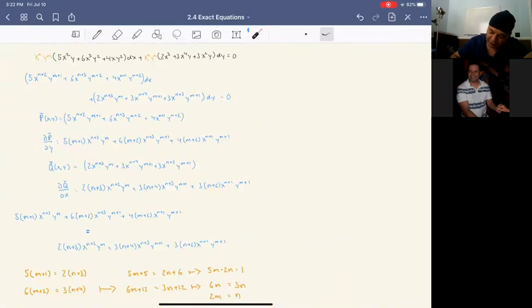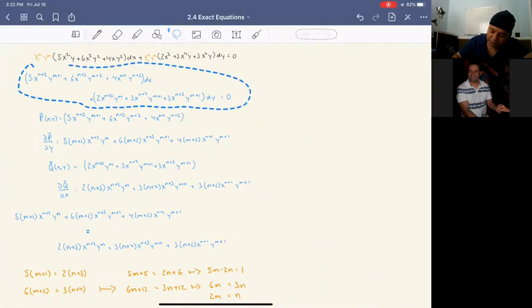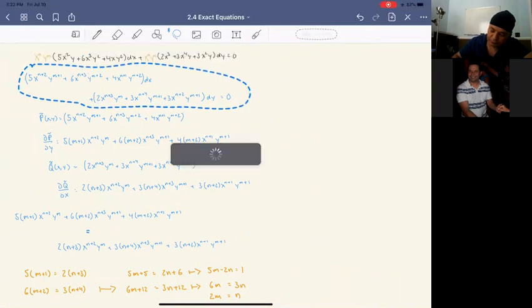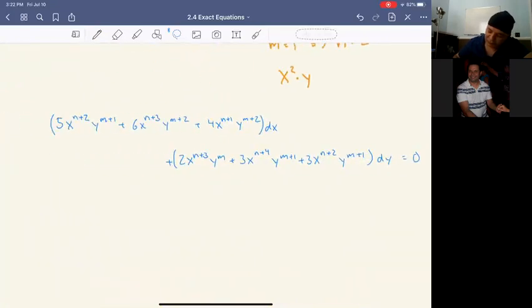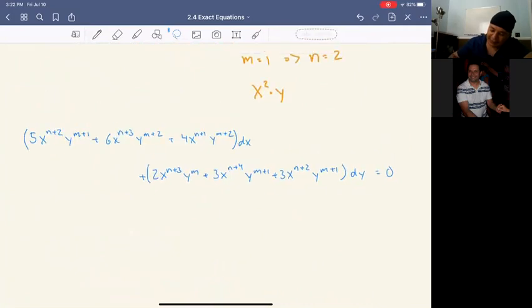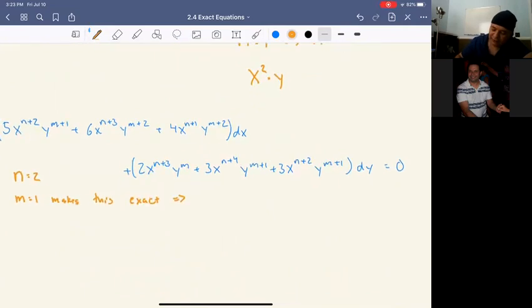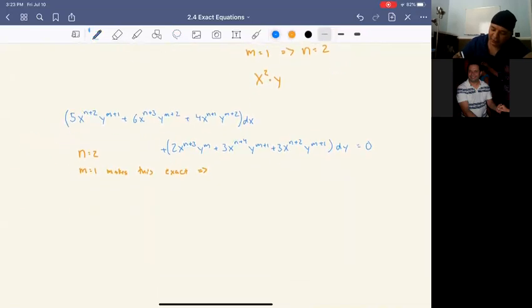Let's take this version of it. Okay, since n equals 2 and m equals 1 makes this exact, then we're just going to go ahead and write it out.